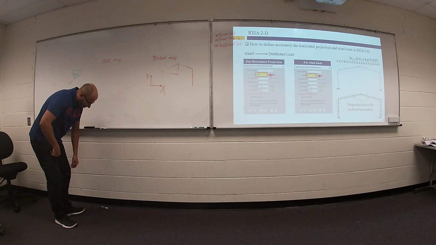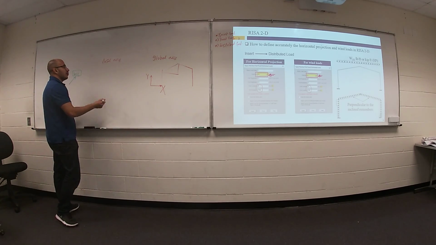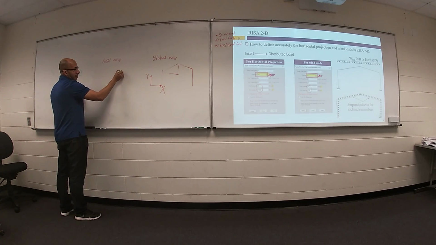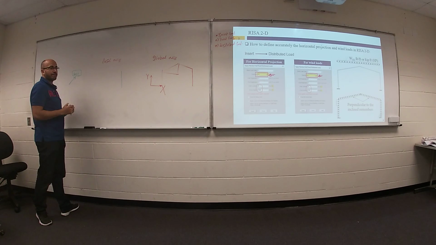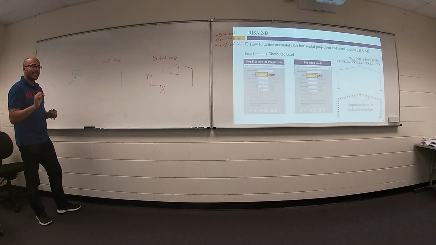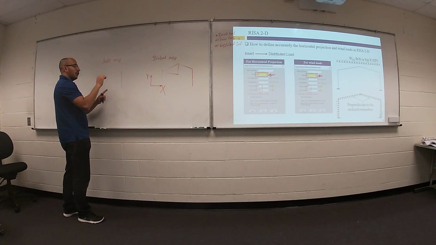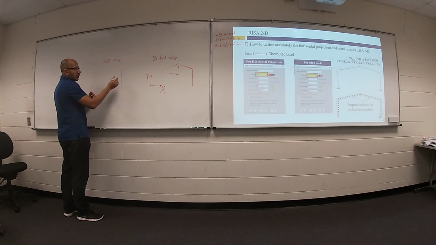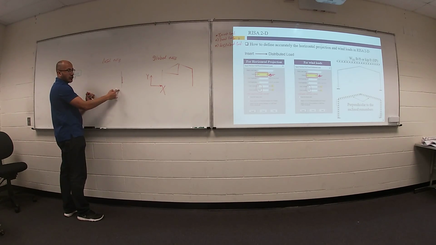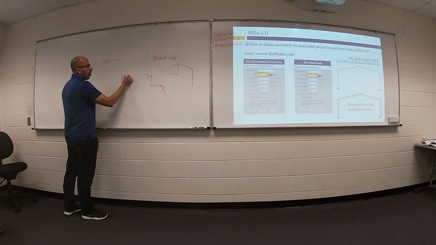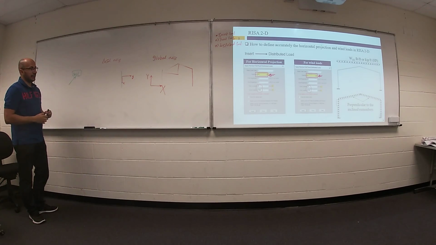Local axis, no. If you have a member like this, we have a local axis special for this member only. Your X is in the length of your member, your Y is perpendicular to your member.